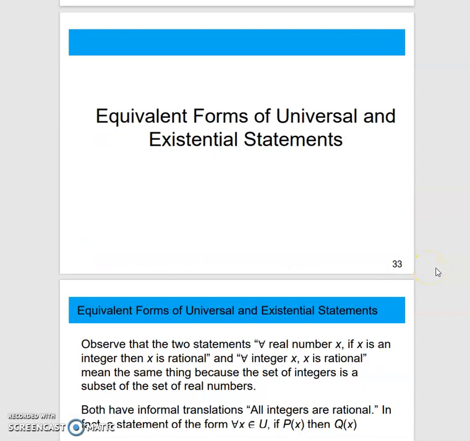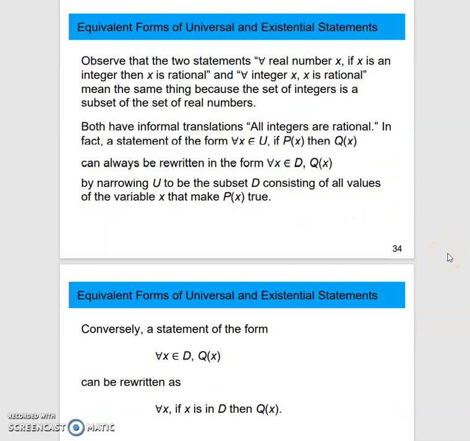All right, can we ever get some equivalent forms here? Yes, we certainly can. So again, you'll notice for some of these we don't necessarily have that if there. We might shorthand that a little bit and just have the for all x in D and then put the conclusion in there.